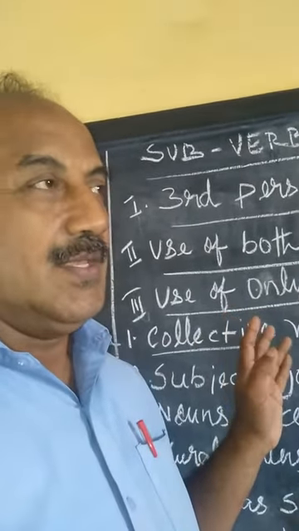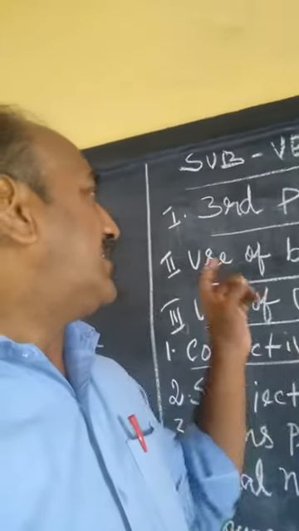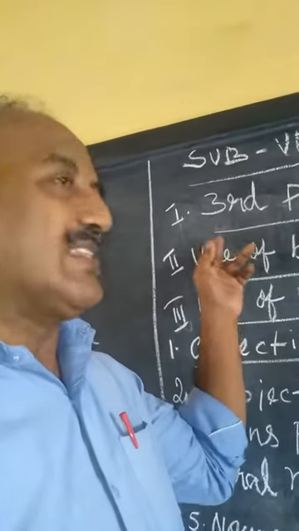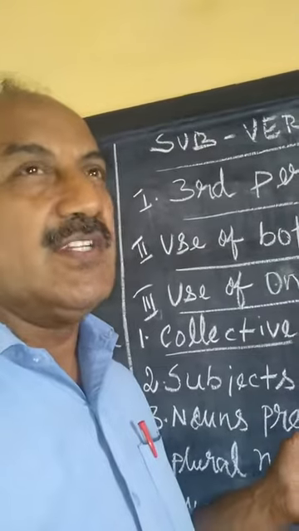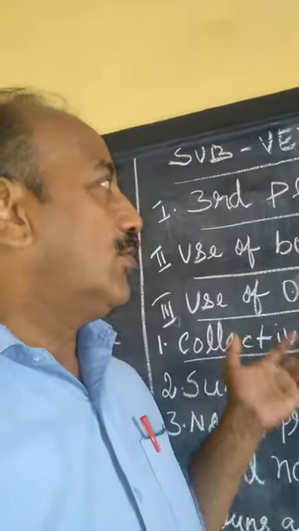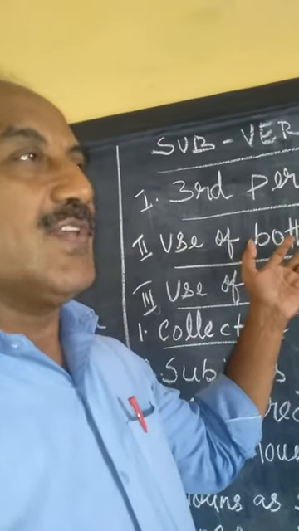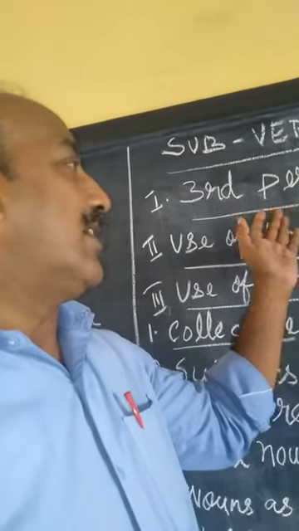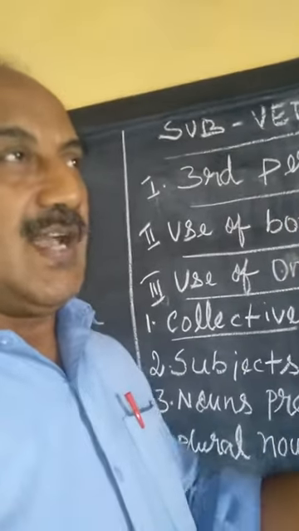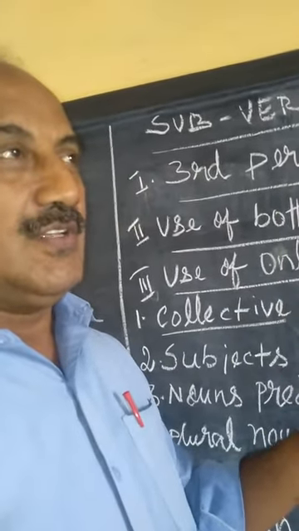That's why I give the first set of the word as an example. It's a very common and general practice you use s at the end of the singular third person in present tense. He comes, she eats.